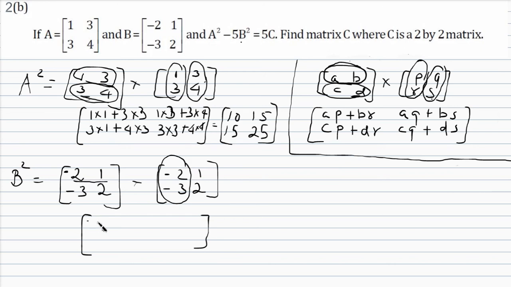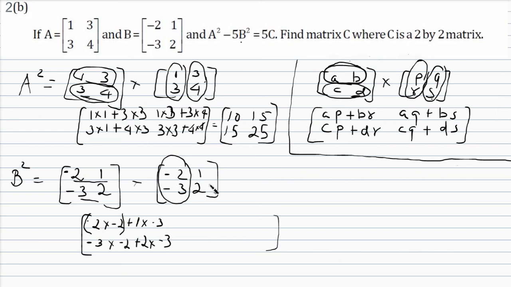So the first will be minus 2 into minus 2 plus, this will be in a bracket, 1 into minus 3, and second row will be the row 2 into column 1, that is minus 3 into minus 2 plus 2 into minus 3.